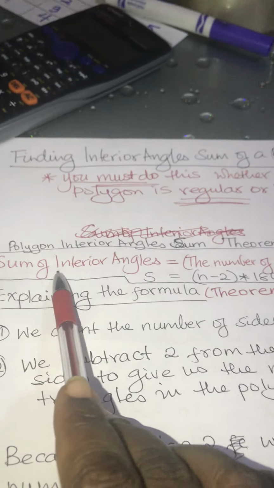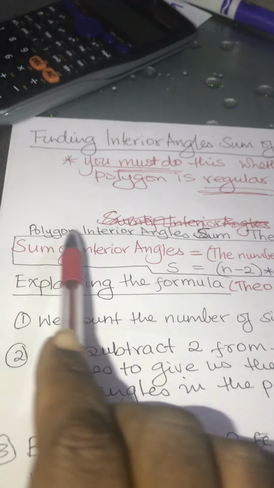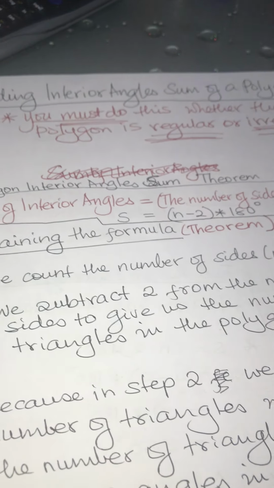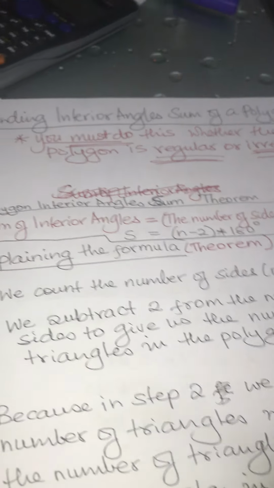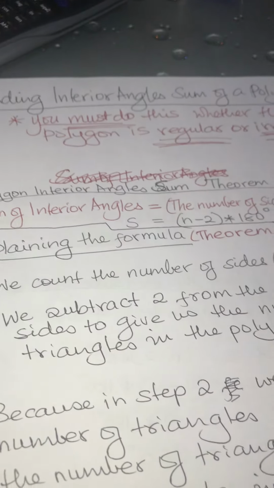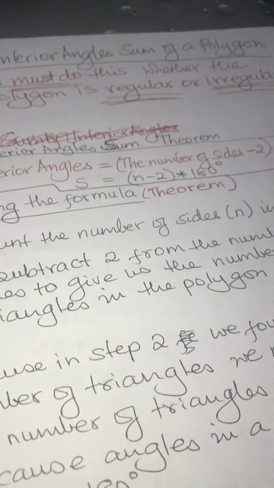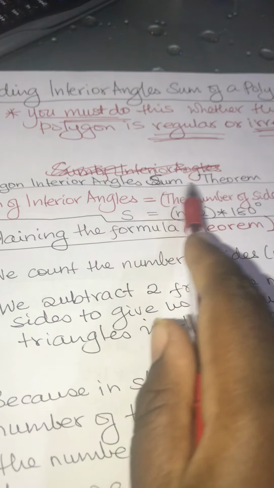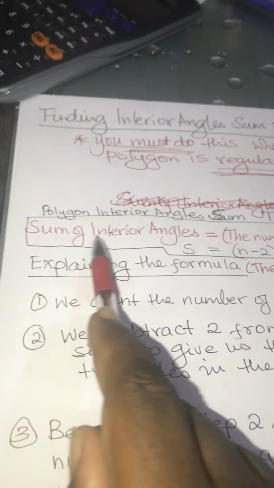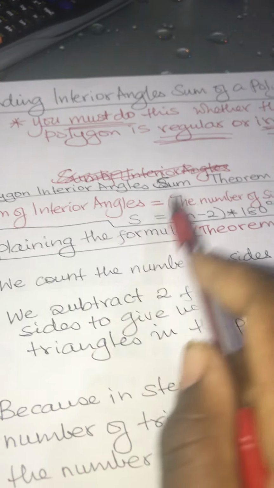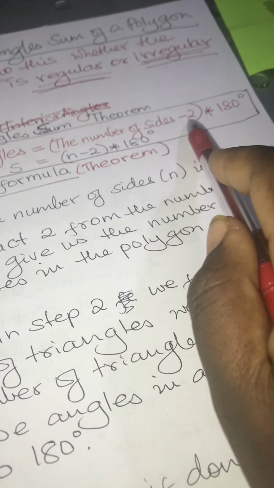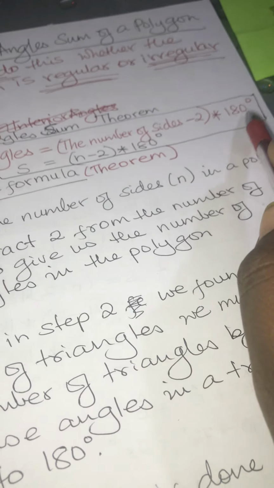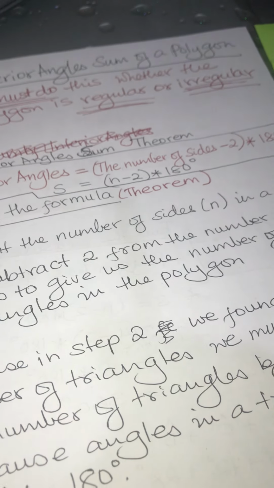The sum of interior angles is given by the theorem. A theorem is just like a formula, like the Pythagorean theorem is a formula. So all I'm asking is that you give me the formula. The theorem of polygon interior angle sum is: sum of interior angles equals the number of sides minus 2 in brackets, then multiply by 180 degrees.